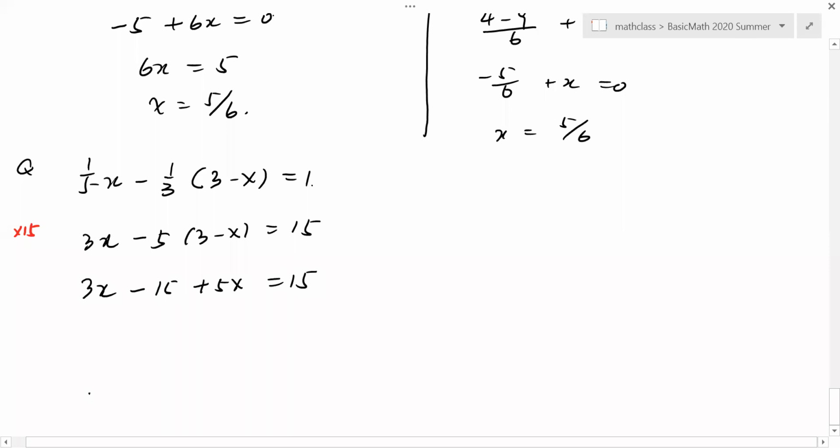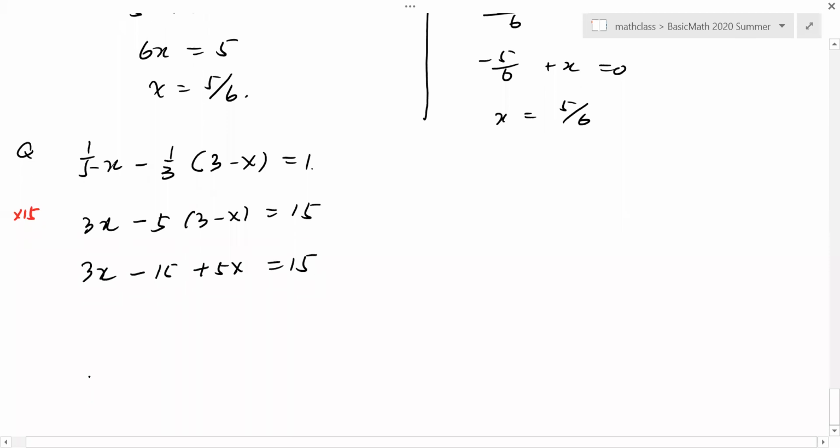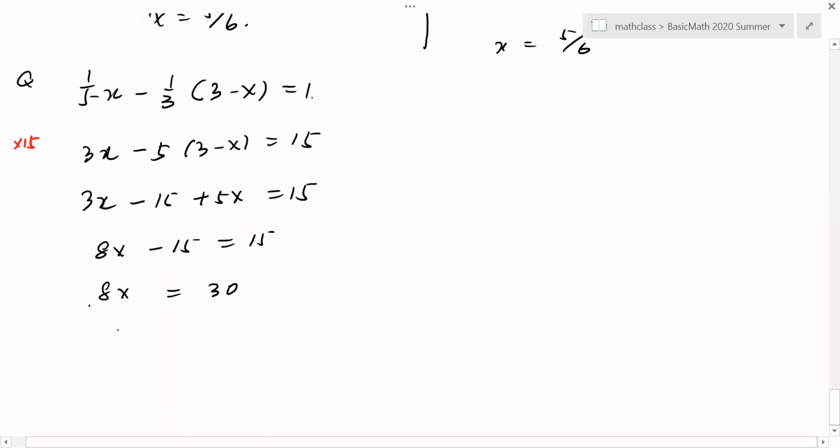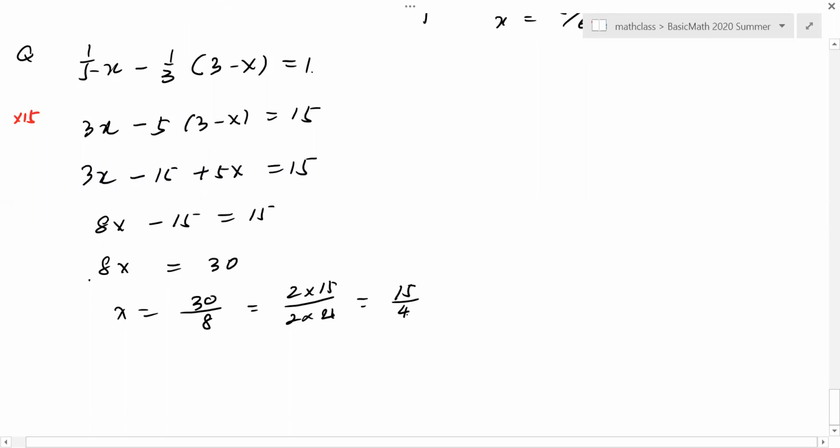Right? So both sides you see 15, they will not cancel because of different signs. So you have 8x minus 15 equals 15. And then you add 15 to both sides, you get 30, right? Then finally, x is going to be 30 over 8. But that's not simplified. Right? That is going to be 2 times 15 over 2 times 4. So the answer is 15 over 4. Okay, so this will be the correct answer.